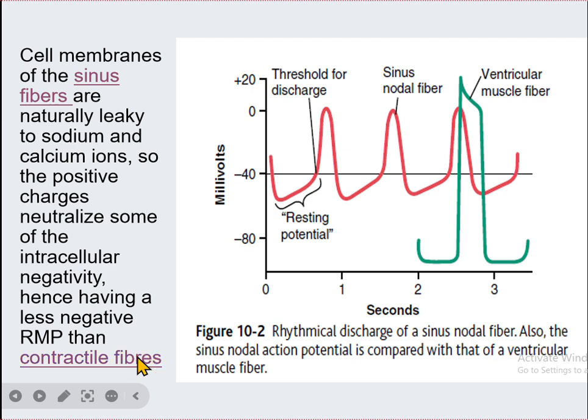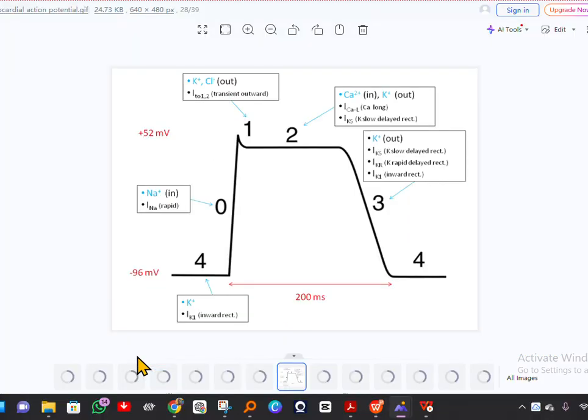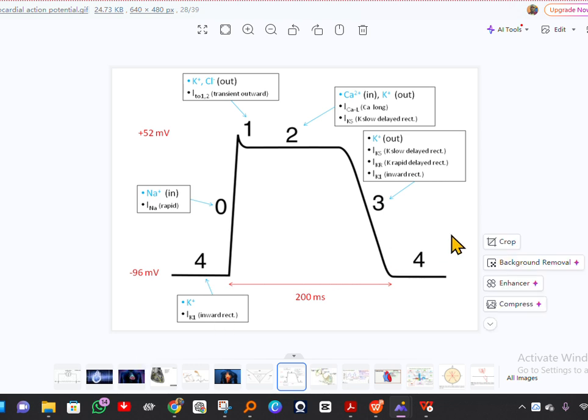But if you look at other cells, they have a different action potential, different from that of the pacemaker cells, and it looks like this, for the normal cardiac cells. They have a steady resting membrane potential, which is this negative 96.